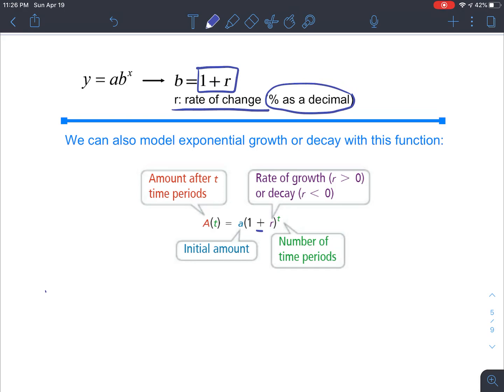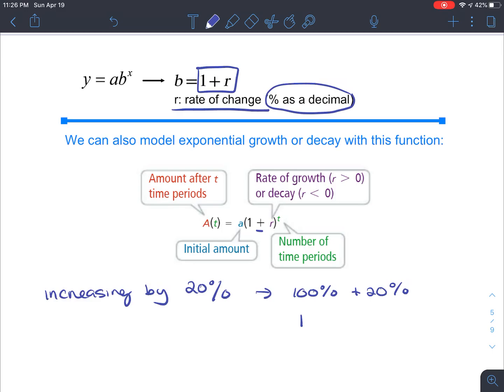So, for example, let's say we are increasing by 20%. What is my b value? What is my growth factor? Well, think of it this way. We want the original 100% and then an additional 20%. 100% is the total plus an additional 20%.